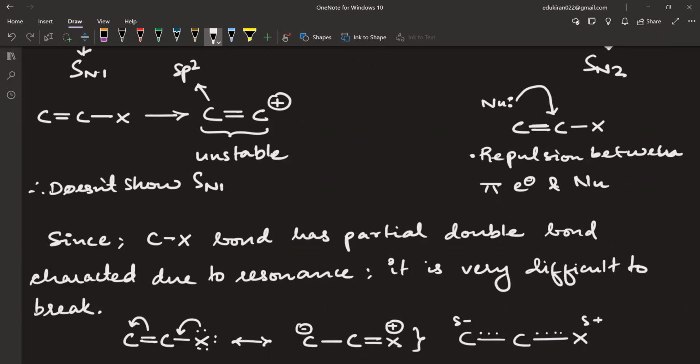Since here it has partial double bond character, it will be tough to break. Write this down. Let me know when you are done.